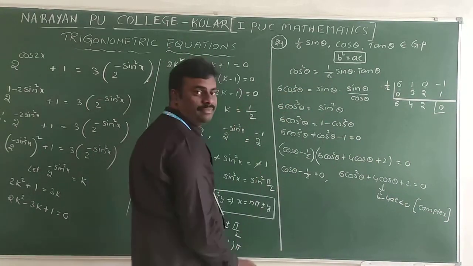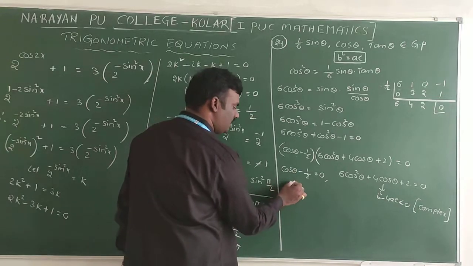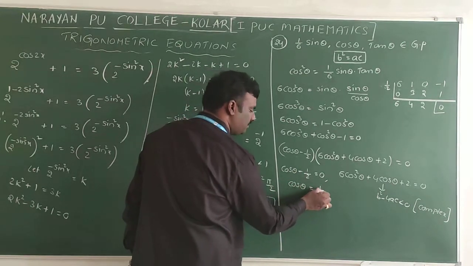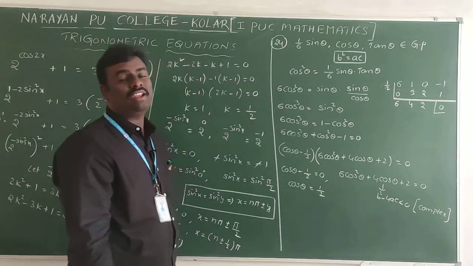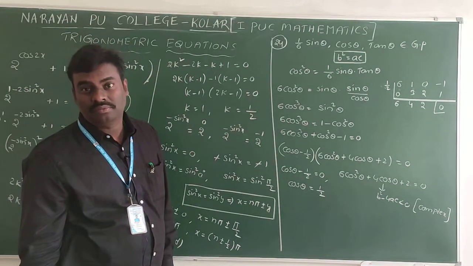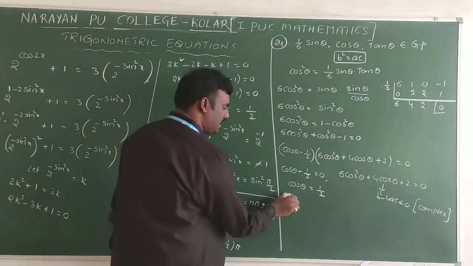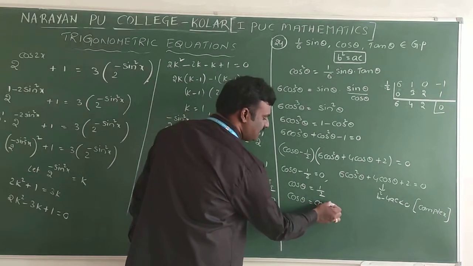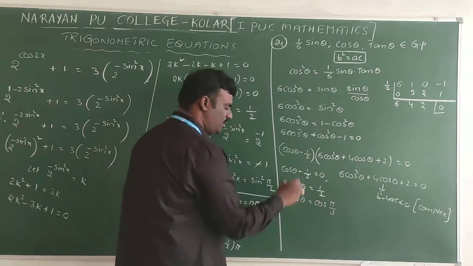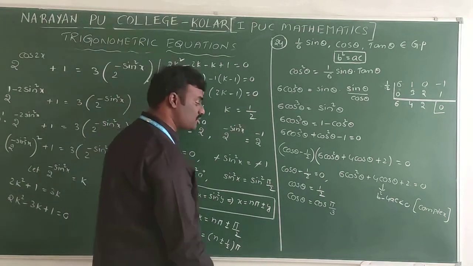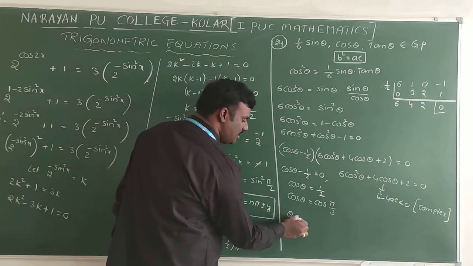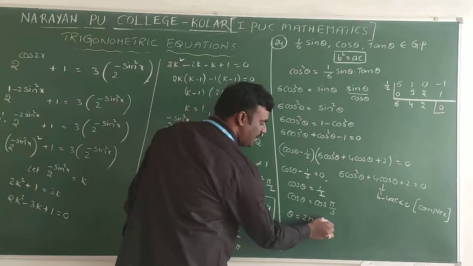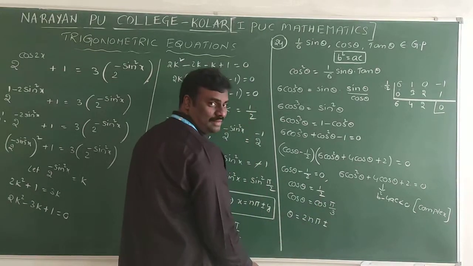Coming to this, cos theta is equal to 1 by 2. When cos value is 1 by 2, that is cos 60, then cos theta is equal to cos 60. We know the general solution: cos x equals cos y, theta is equal to 2n pi plus or minus y.